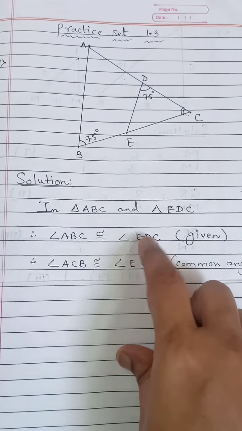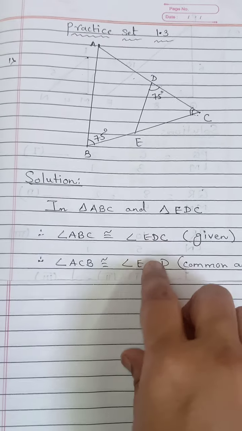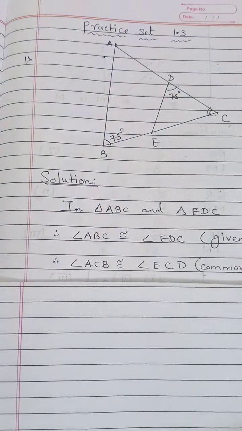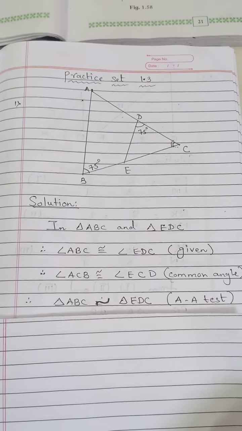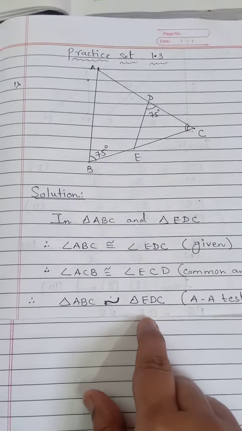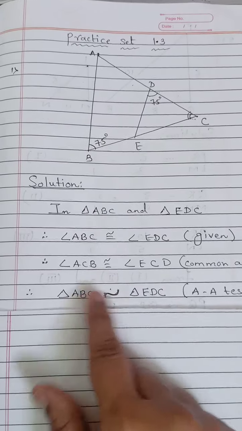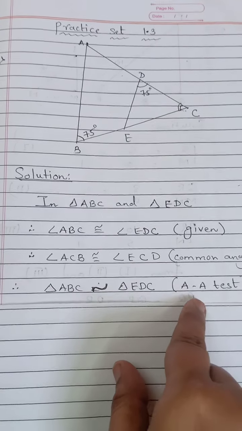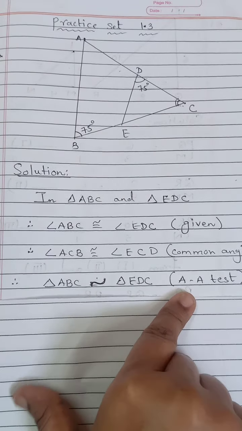So we have got two angles congruent, and we know that whenever two angles are congruent, both triangles will be similar by the AA test. So we have shown that the two triangles are similar. Yes, both triangles are similar, and they are similar by the AA test.